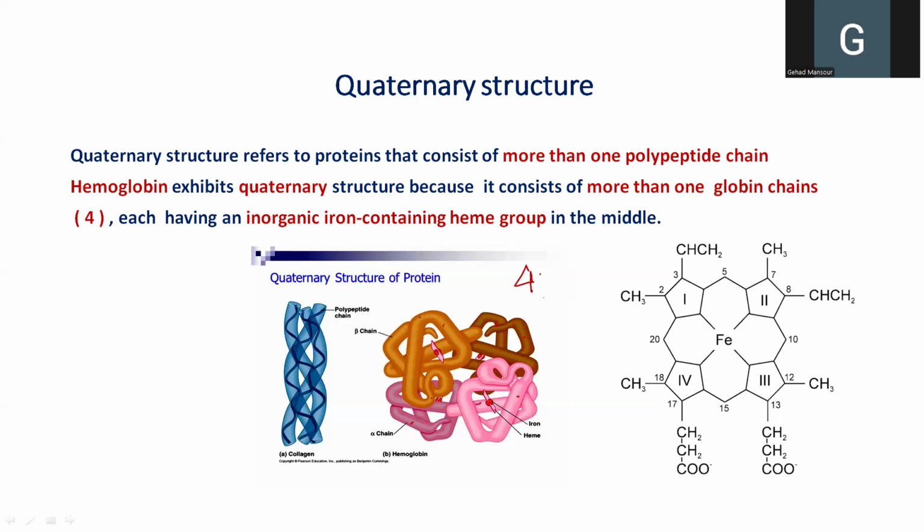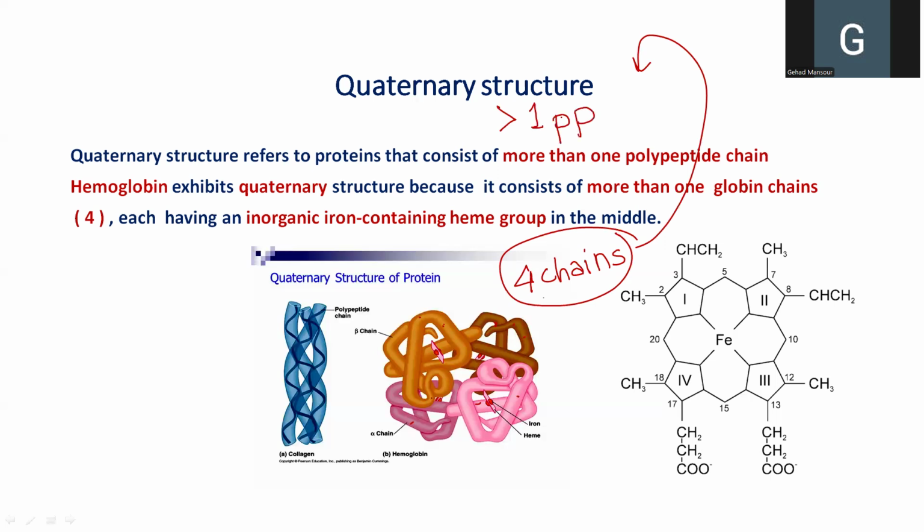So it is made of 4 chains, but this is not the reason why it is called a quaternary structure. It's called a quaternary structure simply because it is made of more than one polypeptide chain.